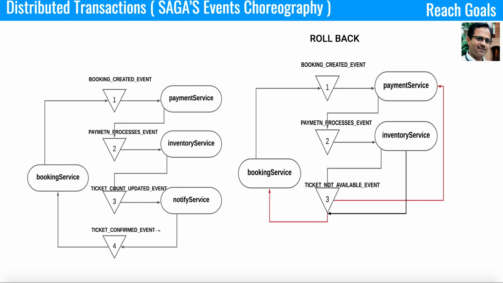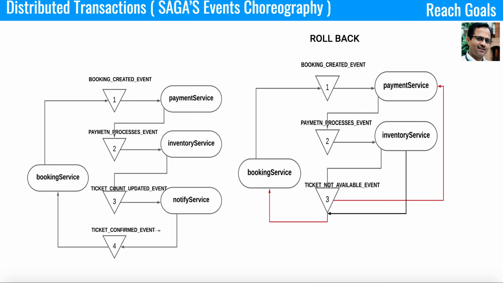Now if you look into the booking service, it created an event called booking created event. The payment service is listening to that event and it noticed that there is a booking created event through the queue, and after that it calls the inventory service. The inventory service is listening to the payment process event. So it noticed that there is a payment process event. Now I have to go and update the ticket. It went into the inventory table and noticed that there is no ticket available.